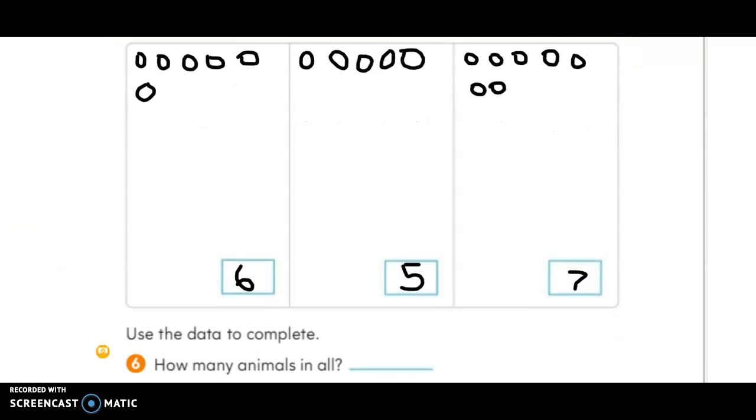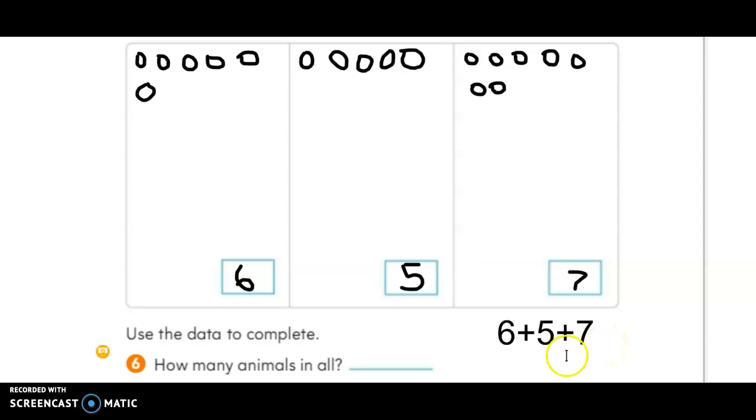How many in all? I think we figured that out on the front, but for the sake of learning, we're going to do an equation. So 6 of the brown ones plus 5 of the red ones plus 7 of the black ones. Okay, I don't see anything in here that can make us a 10 to make our adding any easier.